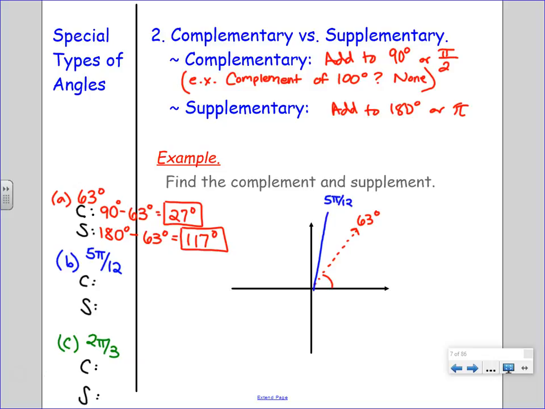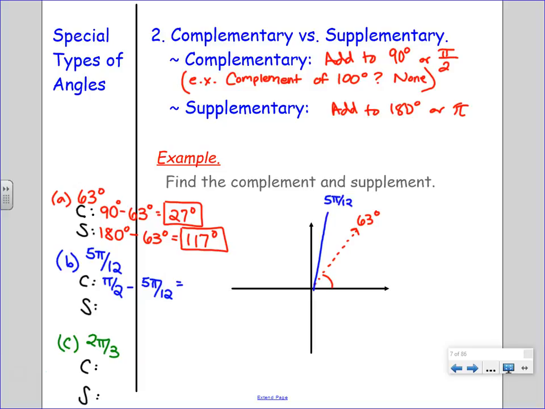What would the math be to subtract to get the complement for 5 pi over 12, which is in radians? You would take pi over 2 instead, and you would subtract 5 pi over 12. Now, how many of us can do that off the top of our heads, just the way it is in our mind? Not many.